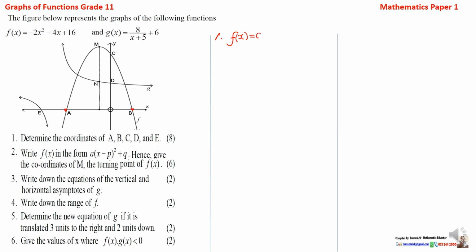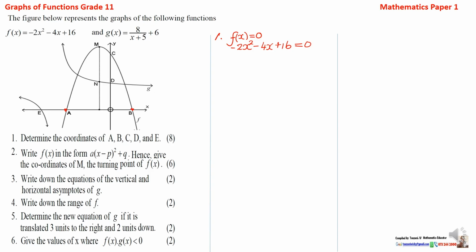That means f(x) must equal 0. Then we solve the resulting equation. So we're going to equate f(x) to 0 and solve the equation. That will give us the coordinates of 2 points, point A and point B.